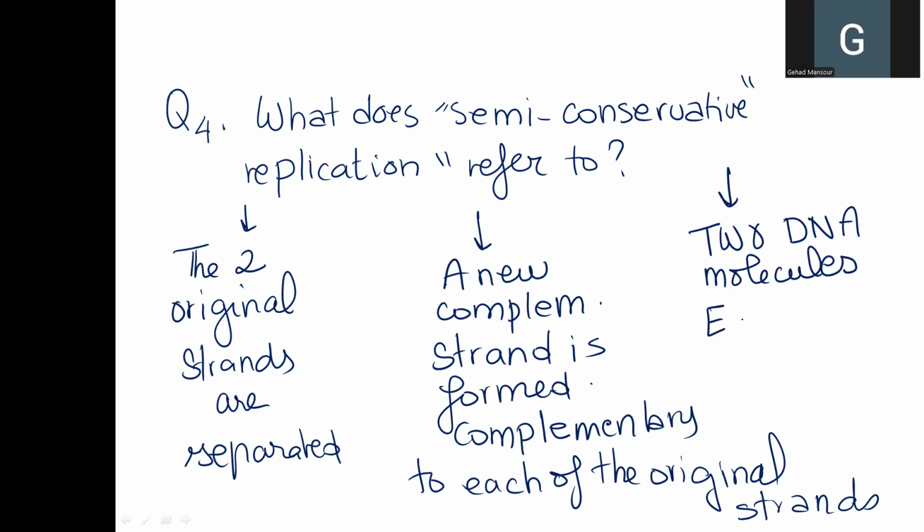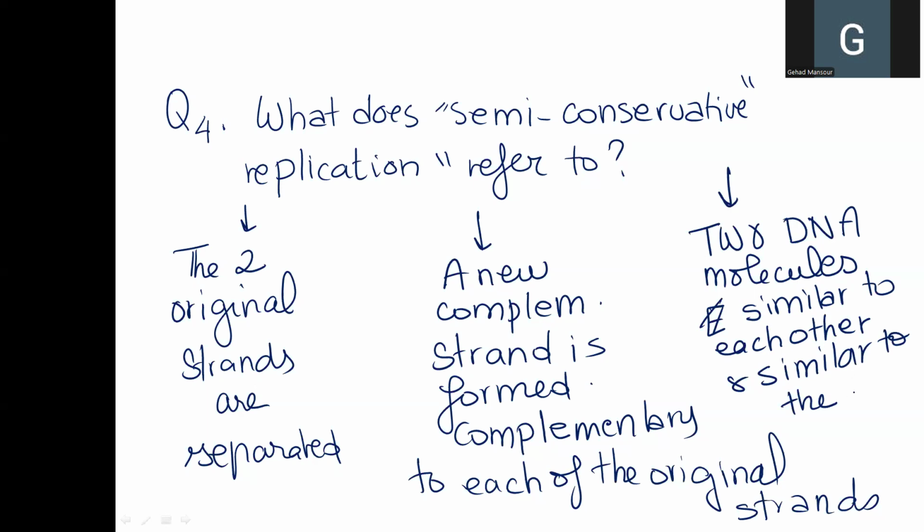Very important, of course, the 2 DNA molecules have 2 characteristics. First of all, the 2 DNA molecules are similar to each other, but meanwhile also similar to the original molecule. So you had a parent molecule, and then you had 2 daughter molecules that are similar to each other and similar to the original molecule of DNA that was trying to replicate.